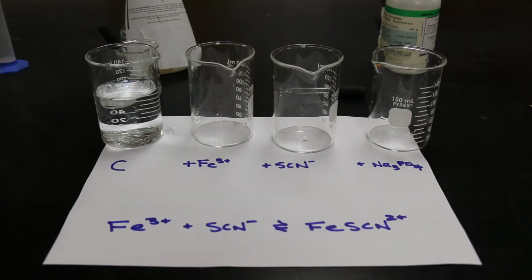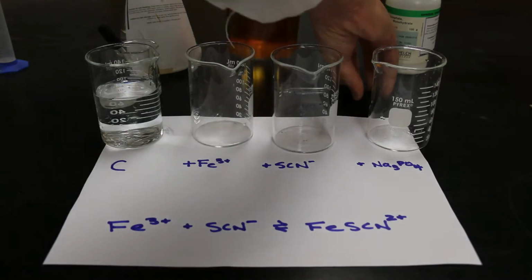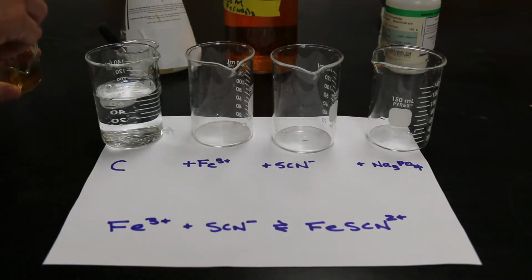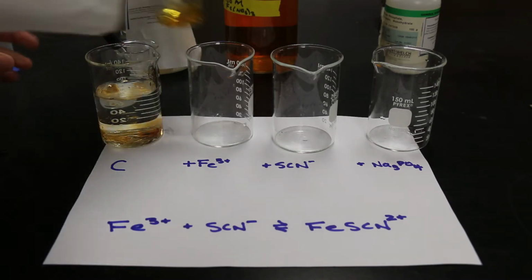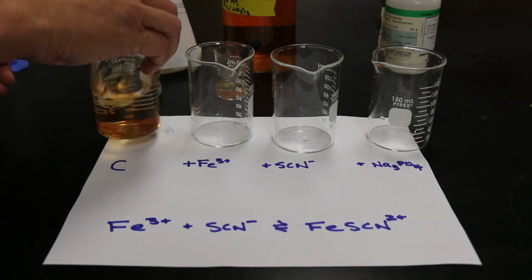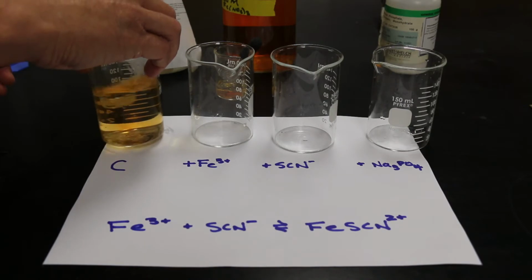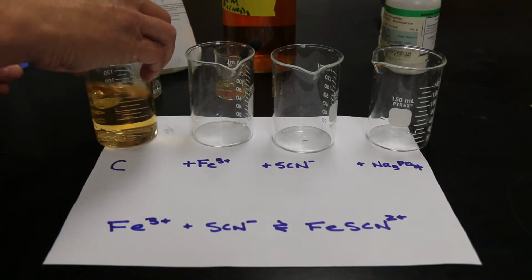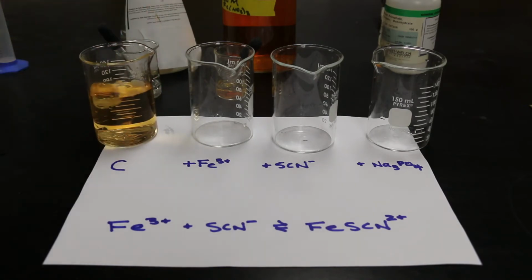I'm then going to add 10 drops of iron nitrate, iron(III) nitrate, to the same beaker, and I've rapidly formed an equilibrium.